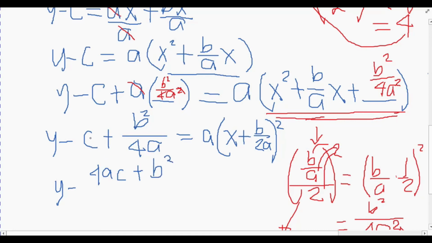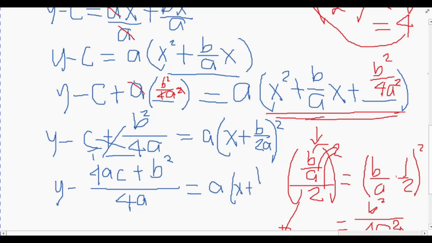So cross multiply here, and then there is 1 here, then 1 times b squared is b squared, then c times 4a, and then multiply the denominators, 4a squared, 4a rather, equals, just copy, a times x plus b over 2a quantity squared.